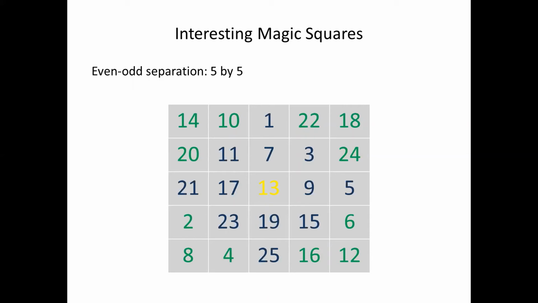And the odd numbers are put in the center. So you can create an even-odd separation magic square for all odd number dimensions, like 3 by 3, 5 by 5, 7 by 7, 9 by 9, and so on.